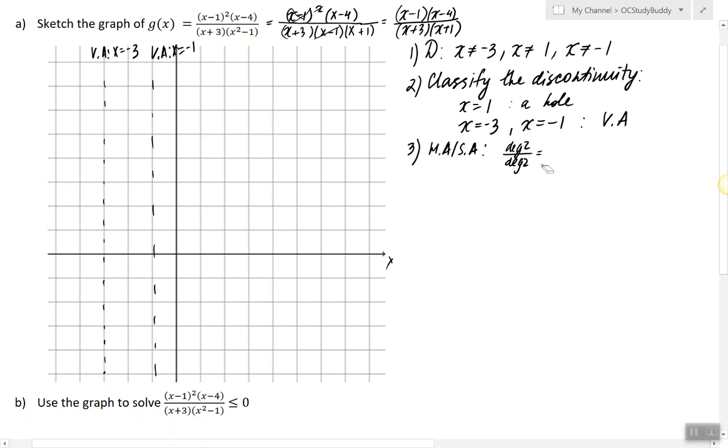That means that we have a horizontal asymptote which has an equation y equals the ratio of the leading coefficients of each of those polynomials. We have coefficient 1 and coefficient 1, so we're going to have the horizontal asymptote y equals 1. So we can just write it as y equals 1. And we can plot that.